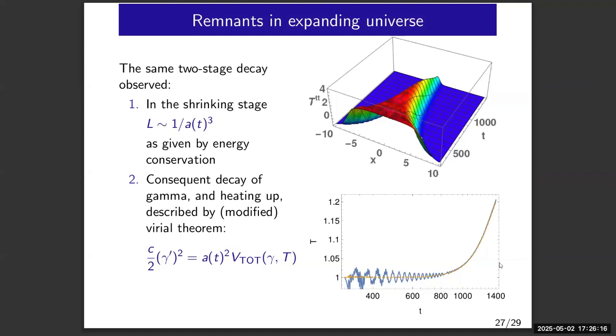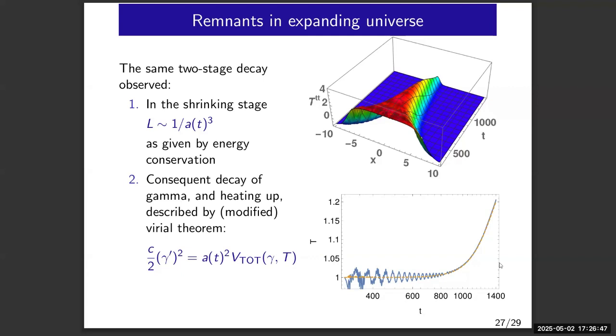So you start from some large deconfined blob and let the system expand and cool down, and you study the decay of this deconfined blob. And you observe the same two-stage decay as before. You first see a shrinking, and in the shrinking stage, the width of this deconfined blob behaves like this, and this is consistent with energy conservation.